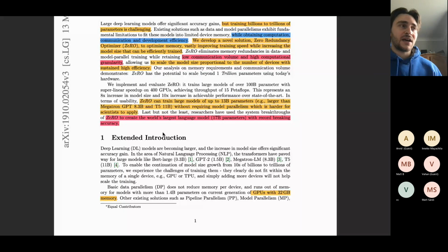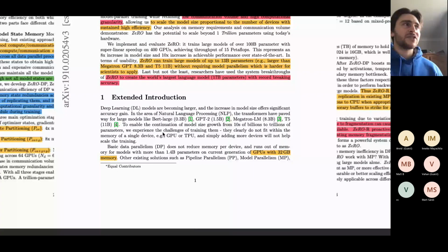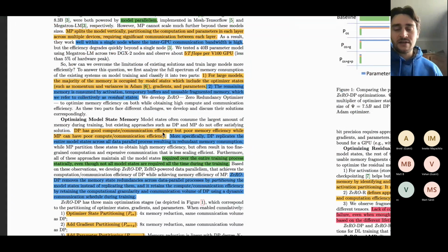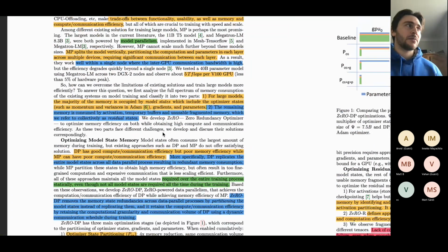The plus side of that is that you don't have very high communication requirements, but you have to store a version of the model on every single device, so it has high memory requirements. You can see the trade-off. Data parallelism means you can process things faster, but you have high memory requirements per GPU.